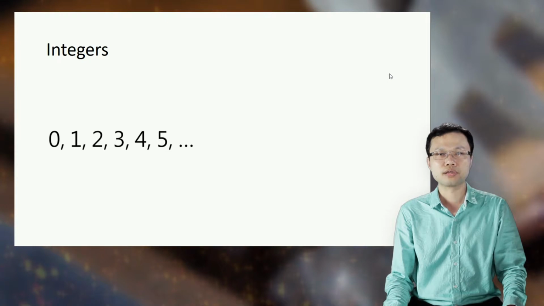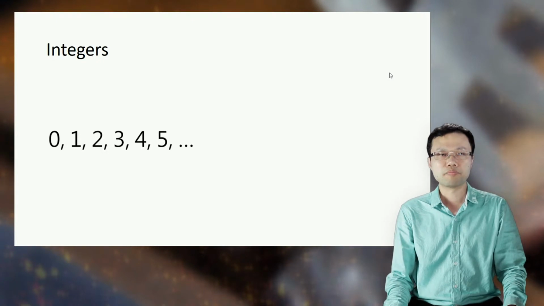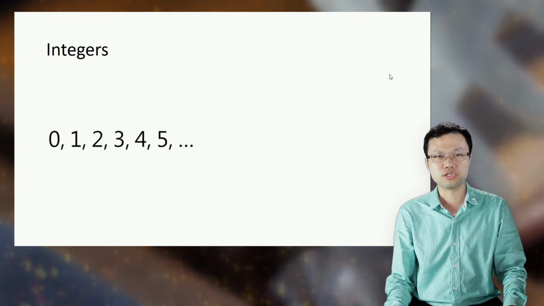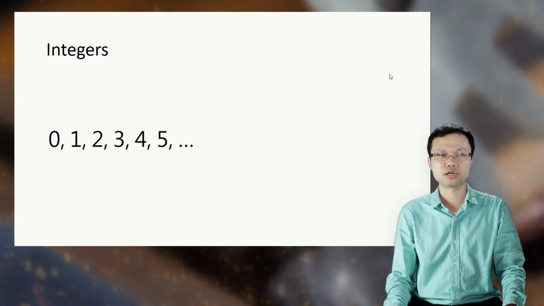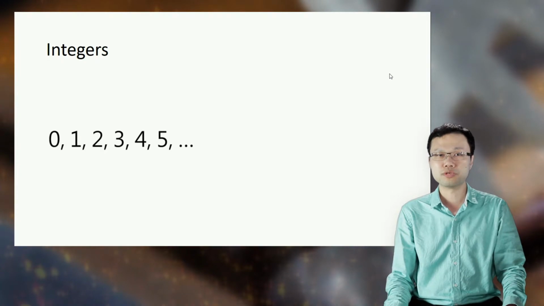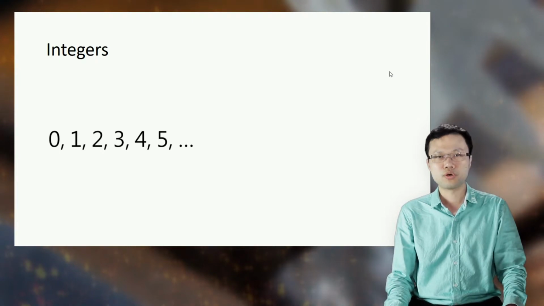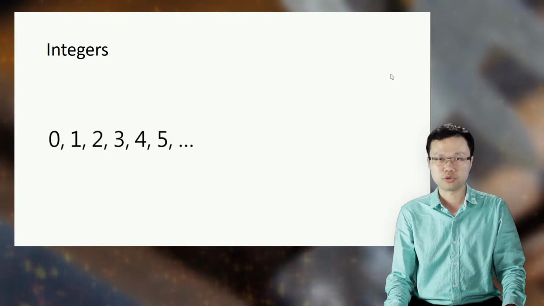Before we carry on, let's briefly talk about the history of 0. Compared to the positive numbers, which had been used since many thousand years ago, 0 is relatively new in human history. 0 as a concept of a numerical value was first introduced in India in the 5th century AD.